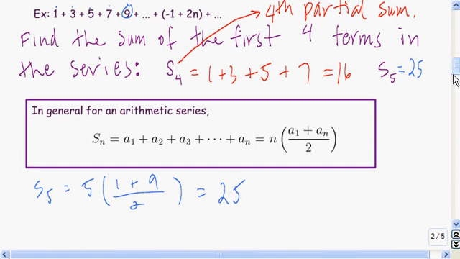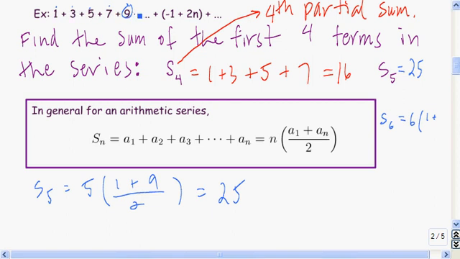Alright, so I'm going to illustrate the proof of this by finding S sub 6. And the way I'm going to find S sub 6 is actually the method that you would use to prove it for the general case. According to this formula, S sub 6 should be equal to 6 times the first term, which is 1, plus the sixth term. 1, 2, 3, 4, 5.